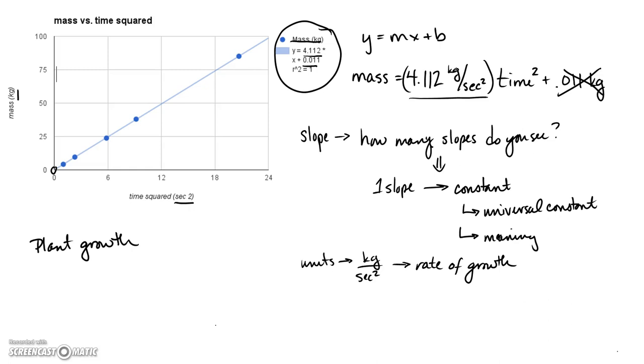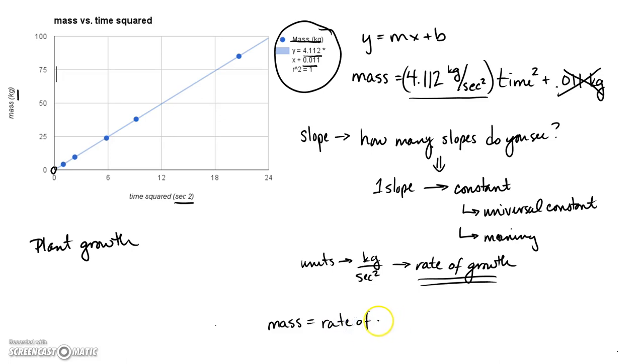So what this means is the slope, in our case, is actually the rate of growth. Just like last time where we said, oh, the y-intercept means nothing, let's kill it, now we're going to say, let's rename this. So really, we have a new equation now, and that's mass equals the rate of growth.